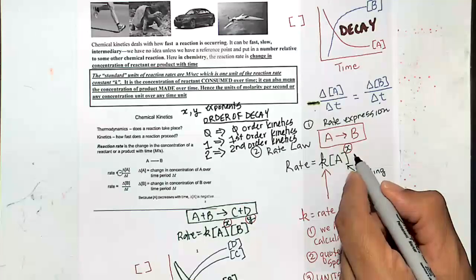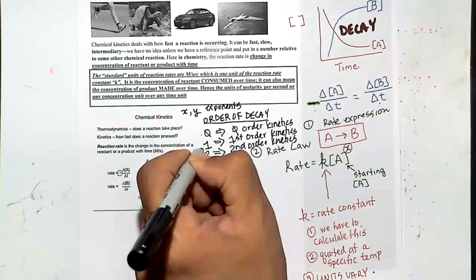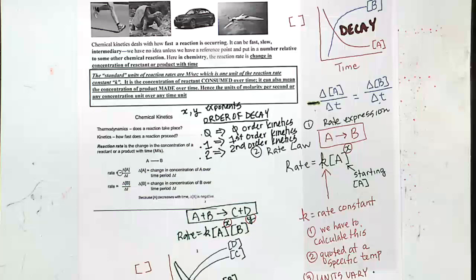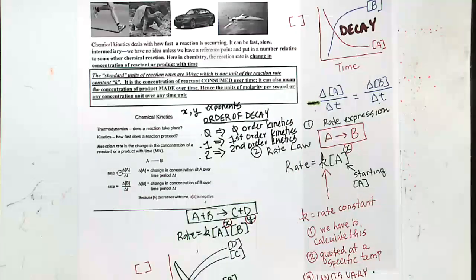And you have to calculate how A is decaying. How is this reactant going to decay? It will either decay with 0, first, or second. So this is what we will be encountering for the next 1 or 2 weeks: how to do a rate expression and how to do a rate law.